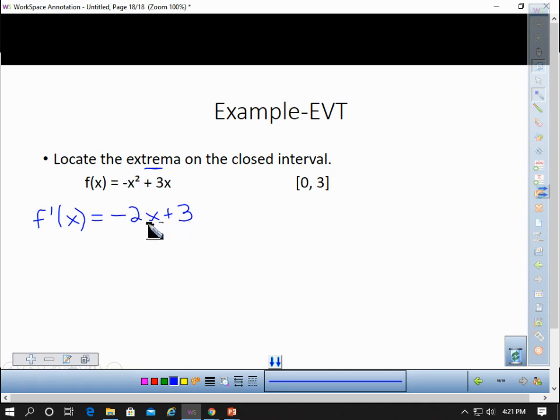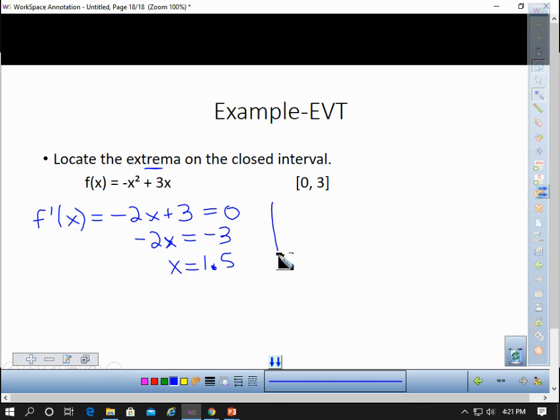I set this equal to 0 and look for undefined. These will be my critical numbers. Setting it equal to 0, I get negative 2x equals negative 3, so x equals 1.5. There's my critical number.